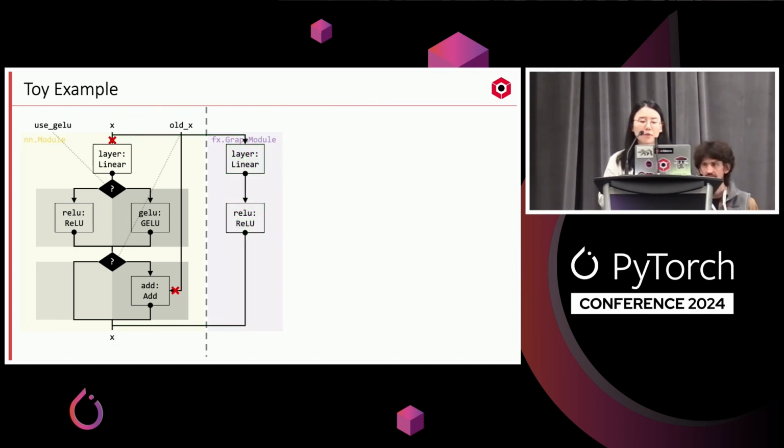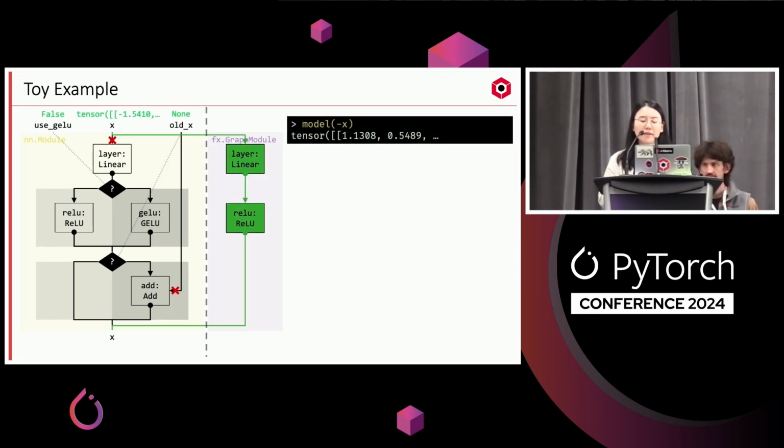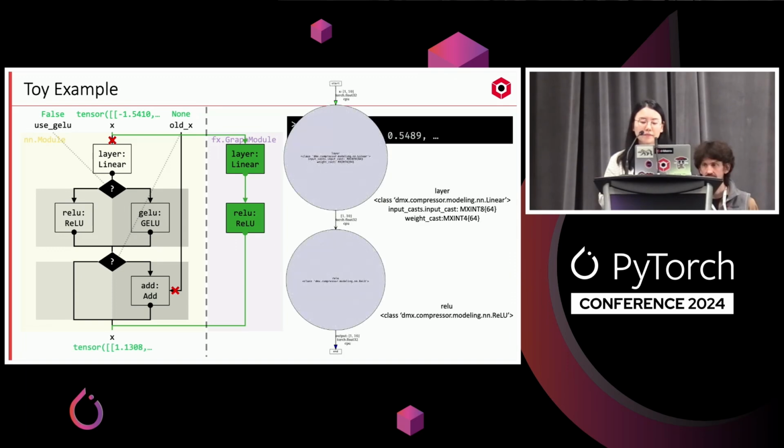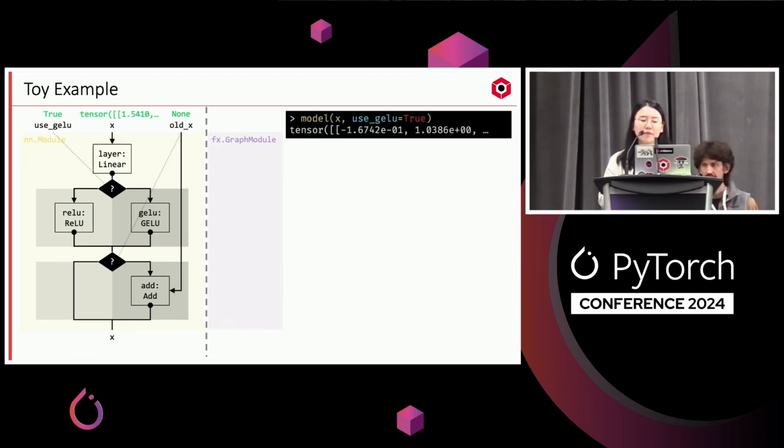For subsequent forward passes, if the input does not necessitate any changes, the same graph module will be reused. However, changes in input, such as passing use JALU equals true or passing old x as a tensor, will trigger retracing.